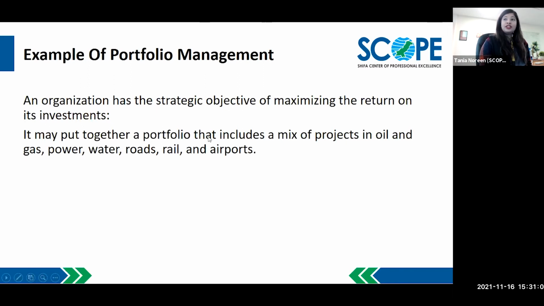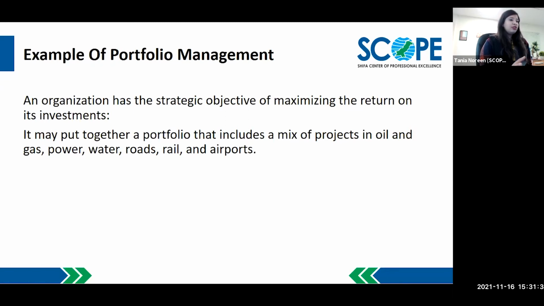So they put together a portfolio of many projects of oil and gas, power, water, roads, rails, and airports. They will be investing in or revamping the structure of oil and gas. They will be constructing new airports. They will be constructing or redesigning the infrastructure of roads.